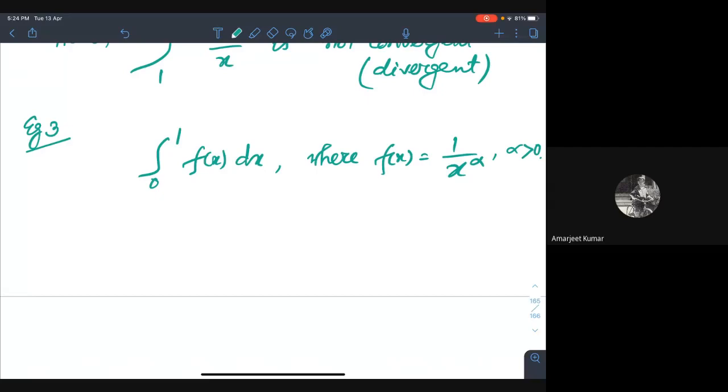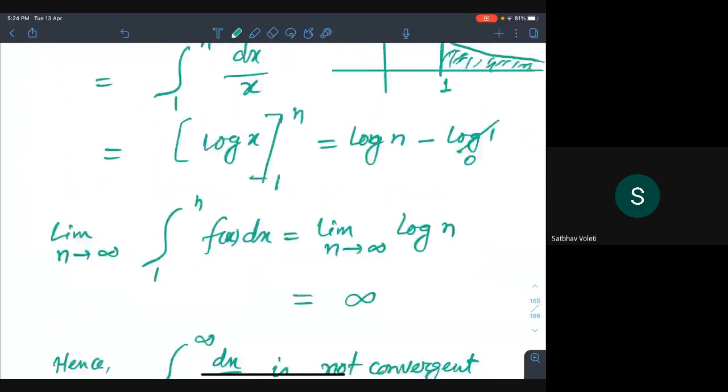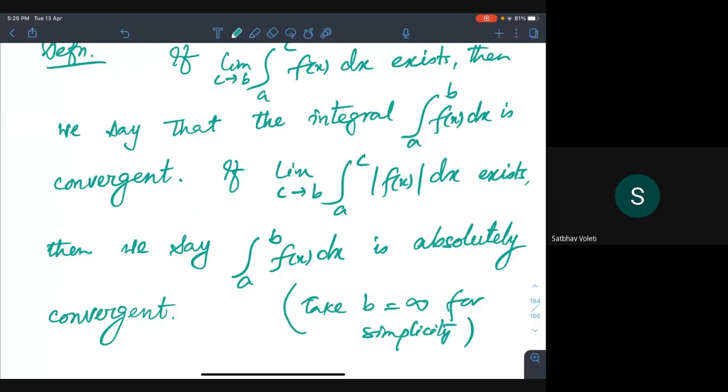So what is the problematic point? That's it. At 0 it is going to blow up, right? In this kind of integral, we defined it for the upper limit; similarly, one can do it for the lower limit as well. So we consider the following.